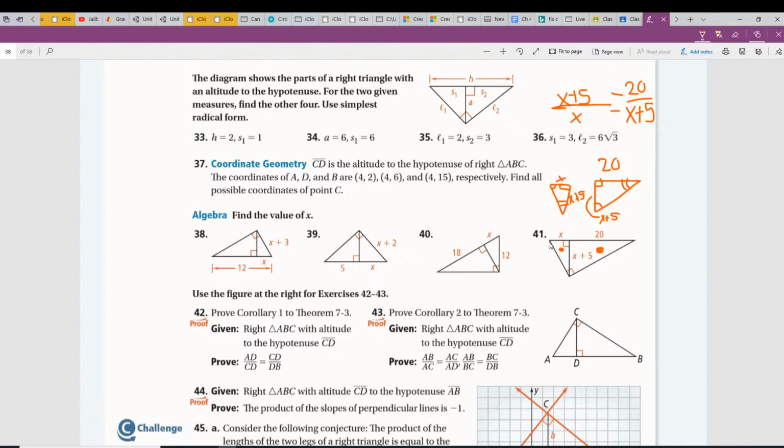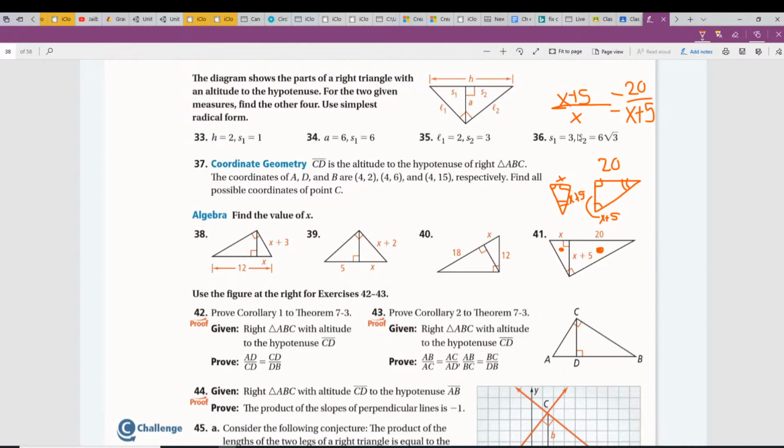So we also have another geometric mean with 20 and x. How do we figure that out? So we actually have to do some algebra here, because we can't just use the square root thing.